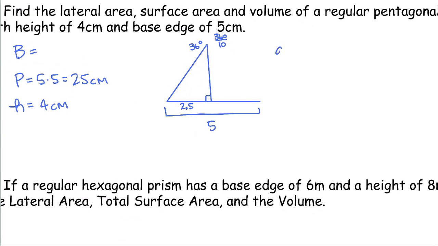So we're going to go back to our AP over 2, and I need my apothem. So to find my apothem, I'm going to have to use tangent. So the tangent of 36 is equal to my opposite 2.5 over my adjacent, which is my apothem, and I'm going to plug this into my calculator as 2.5 divided by the tangent of 36.